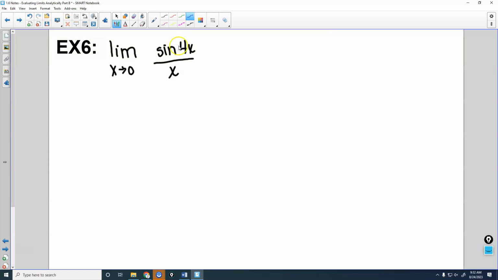So the difference here is whenever the 4 is in the bottom, I could just kind of separate it out. But I cannot just pull a 4 out of my sine. That is not mathematically correct to do. And in fact, when we're talking about the test, if I did this, I'm going to write this down, don't write it down. If I did 4 times sine x over x, and then I said that is 4 times 1, which is 4. 4 is the correct answer for this.